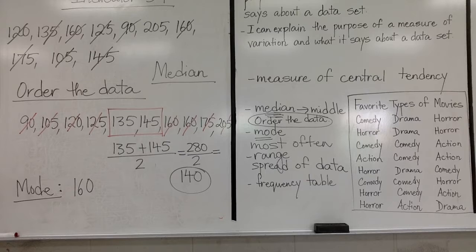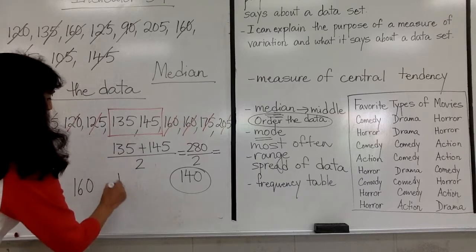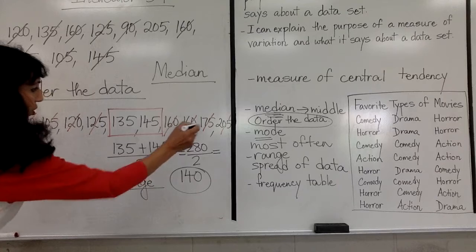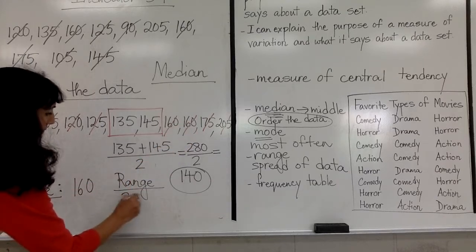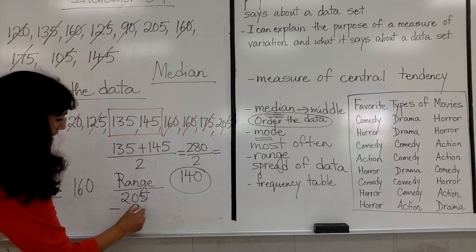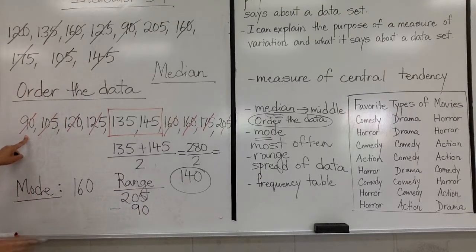And then if I was finding out the range, I would take the biggest number. So here we go. Range is the largest number in the data set, which is 205, minus the smallest number, which is 90.